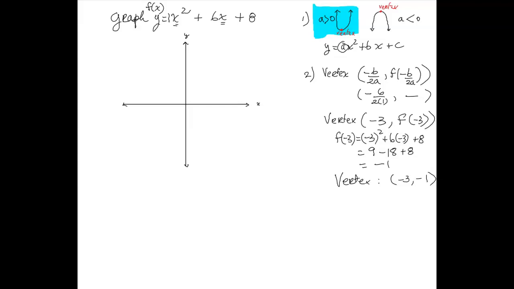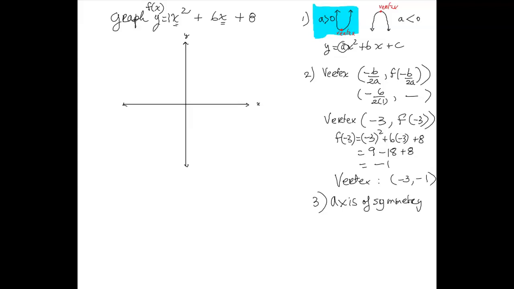Now, the axis of symmetry, and I don't know if you have to find it, but I'm just going to. The axis of symmetry is an invisible line, and we're going to use it as a dashed line, that separates the graph into equal parts.